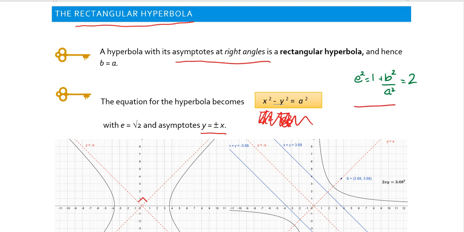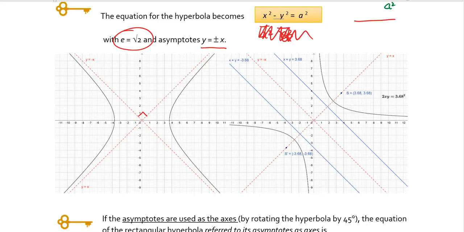Likewise, we take our eccentricity for the hyperbola, which is e squared equals 1 plus b squared on a squared, and again b squared on a squared becomes 1, so e squared equals 2, or e equals root 2, which is, as we'd expect, greater than 1. So in this diagram here on the left, we can see the rectangular hyperbola, just a special case of the ordinary hyperbola.